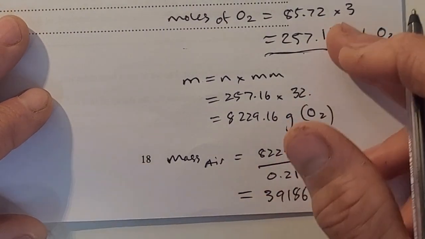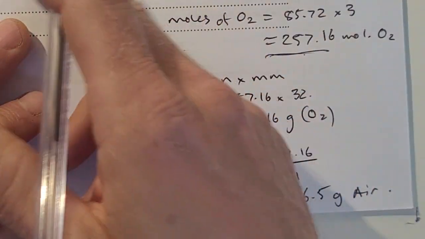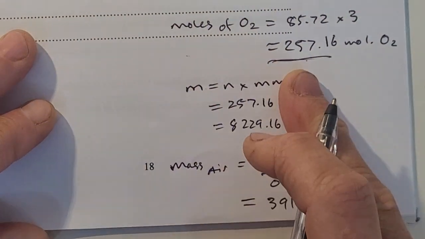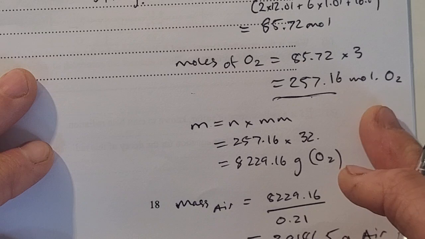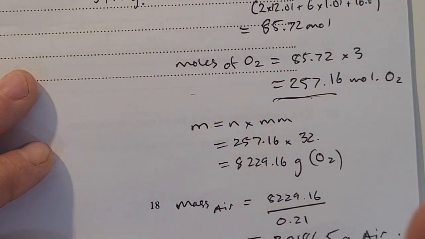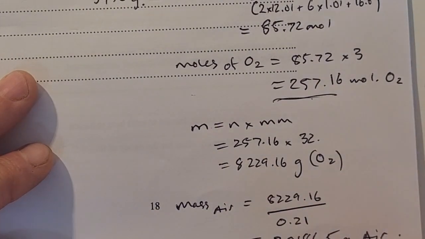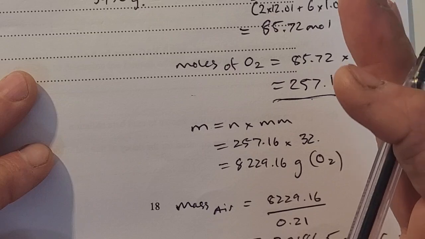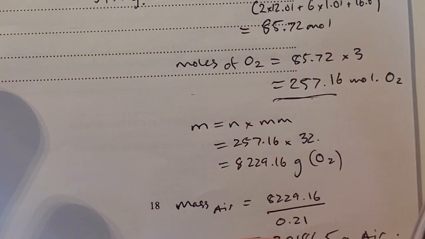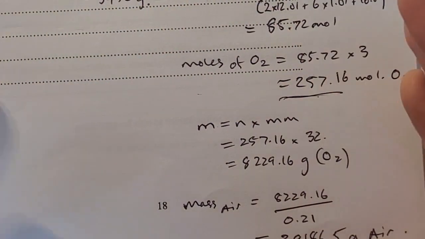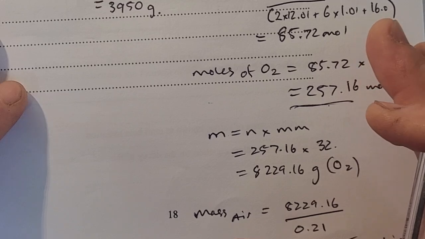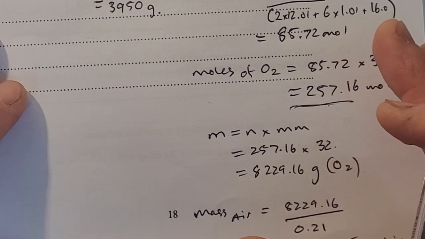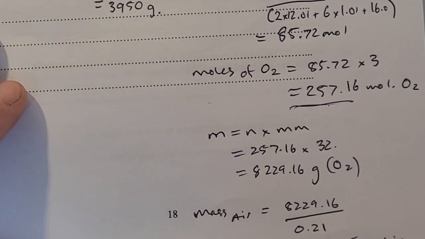You won't get the same answer, and you lose 1 mark because you've made a mistake, but that mistake gets carried through. So don't just give up. Keep going. Just assume a number. And if you just assume a number right from the start, a real easy number, you can throw away 1 mark and then make the whole rest of it really easy. And you should get 3 out of 4.